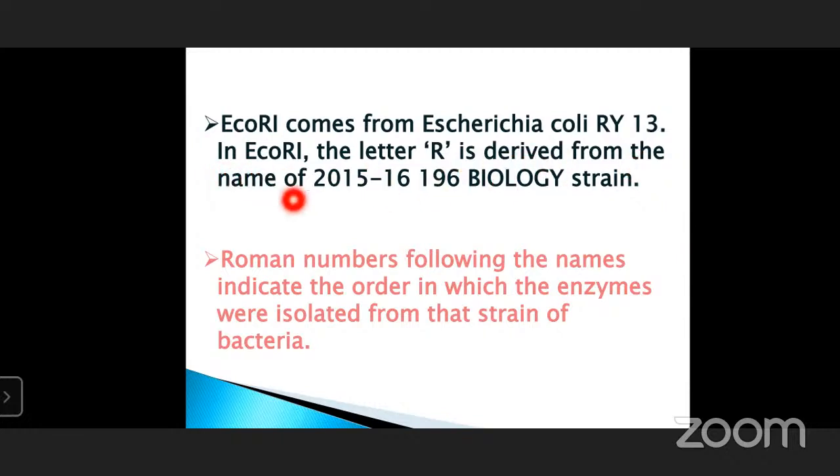The Roman numbers following the names indicate the order in which the enzymes were isolated from that strain of the bacteria.